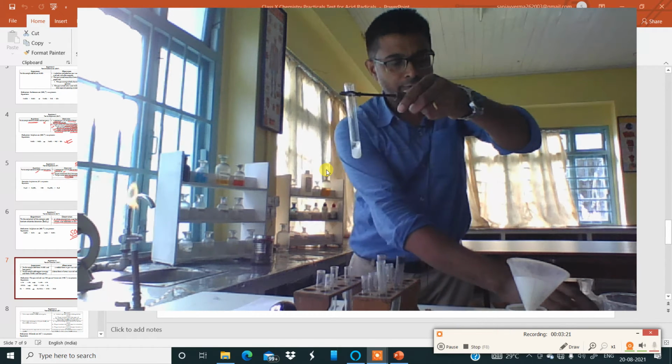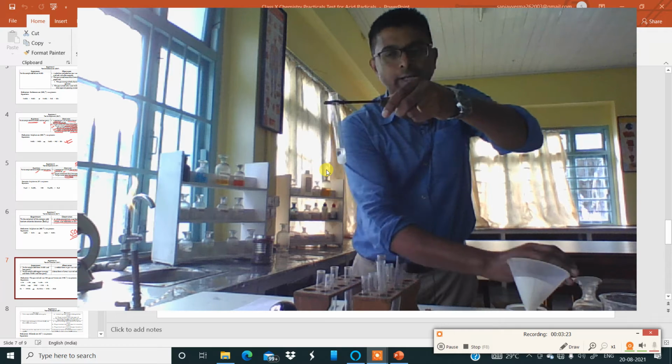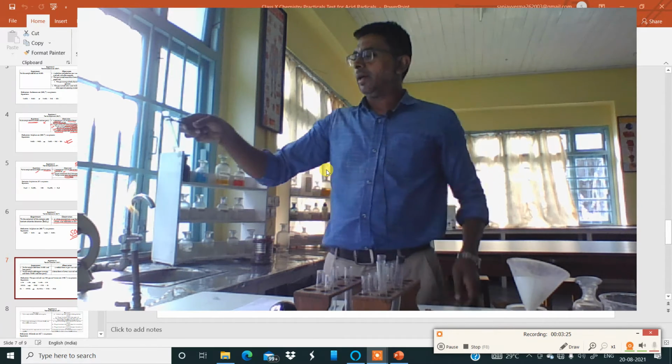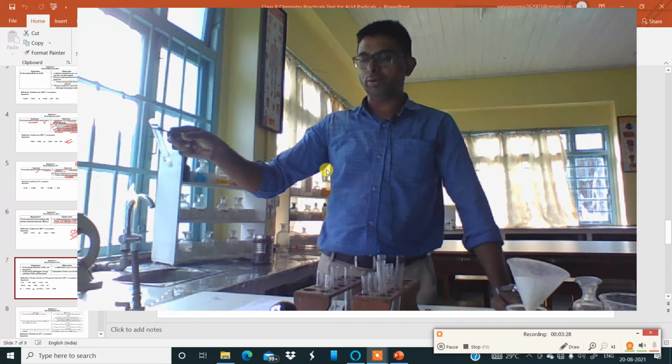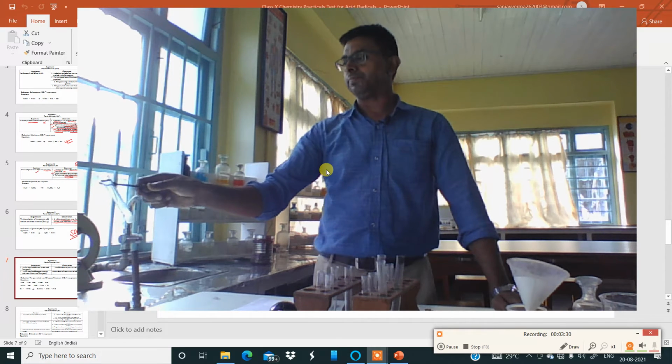So I have added concentrated sulfuric acid to this zinc nitrate sample, the sample containing nitrate ion, and I am going to heat it gently.